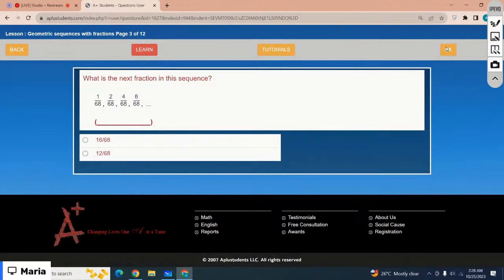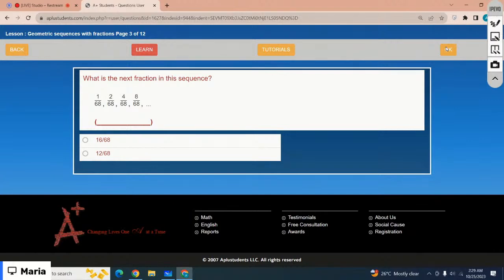Okay, what is the next fraction in the sequence? 1 over 68, 2 over 68, 4 over 68, 8 over 68. So which is the next one in the sequence? The next one is, denominators would be same.